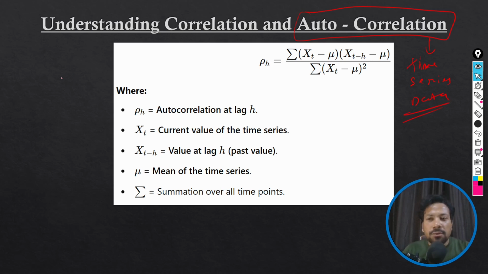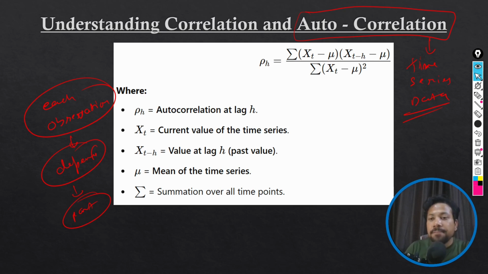Because I already told you a few slides back, in time series data, each observation should depend on past values, and we want to find how strongly our present value depends upon past values. And here again the scale of autocorrelation will always be between -1 and 1.